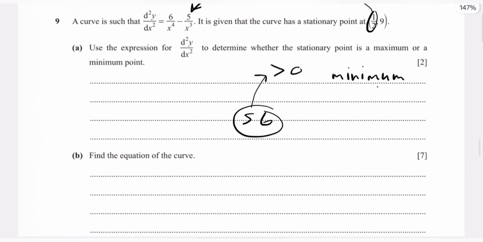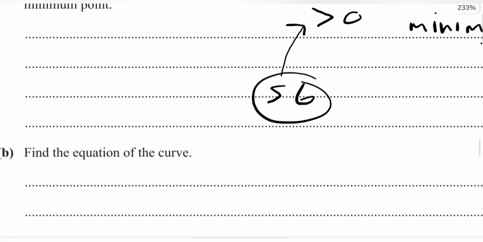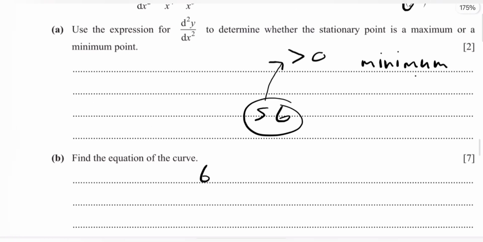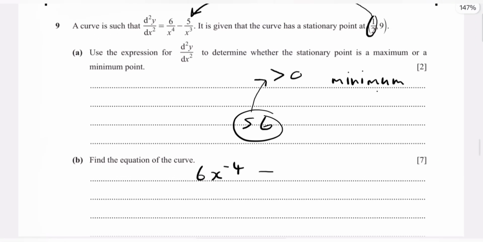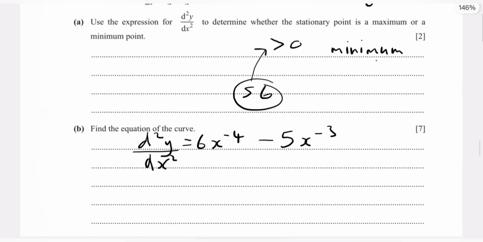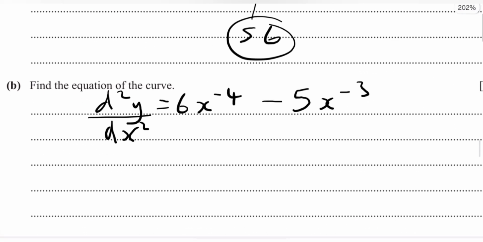So we're going to use this as 6x to the power minus 4, right, minus 5x to the power minus 3, like this, as the expression for the second derivative, right? So integrating this, we know we're adding 1 to the power of x and dividing by the new power.